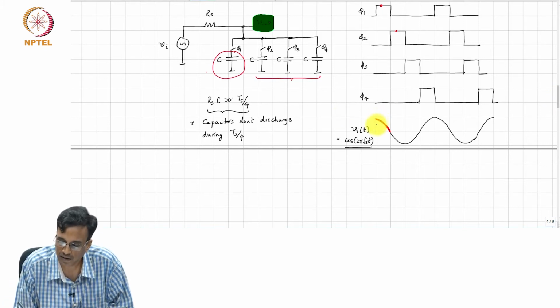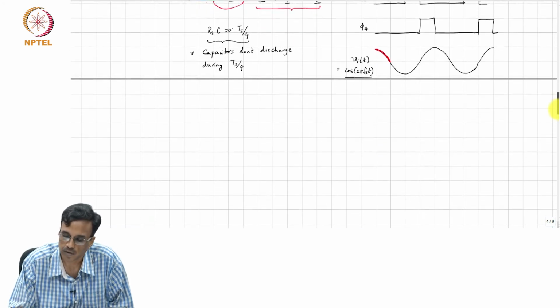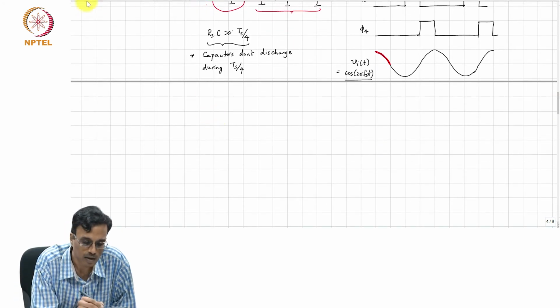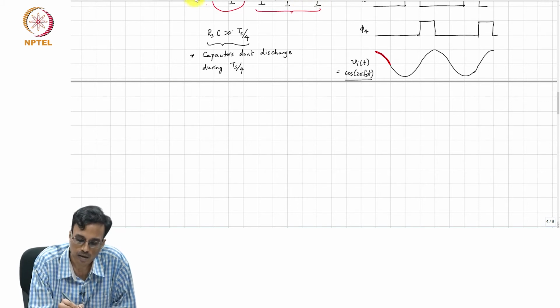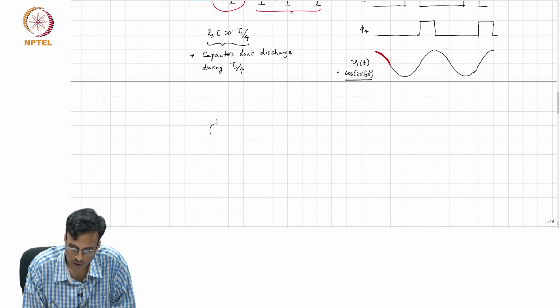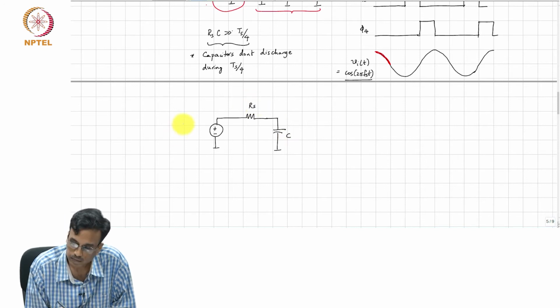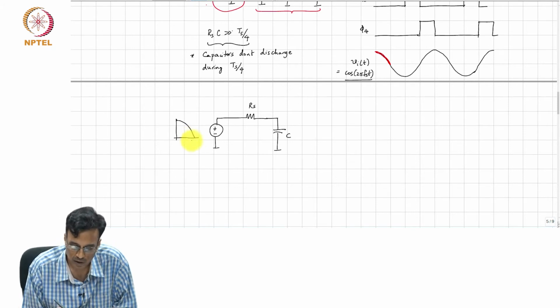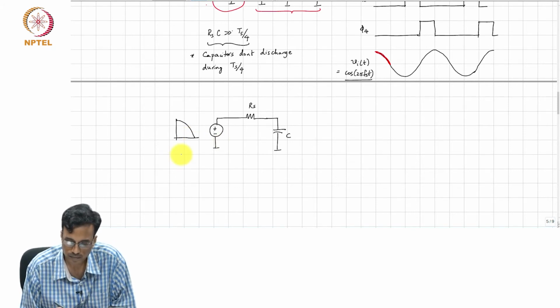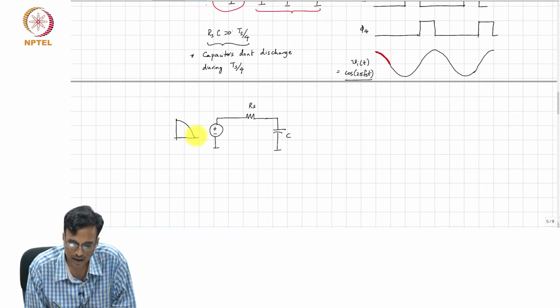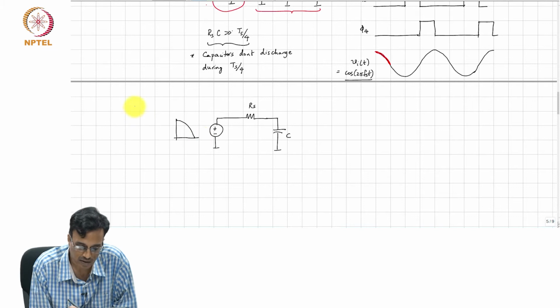So, if you look at the input voltage during phi 1, you can think of this as repeating periodically.